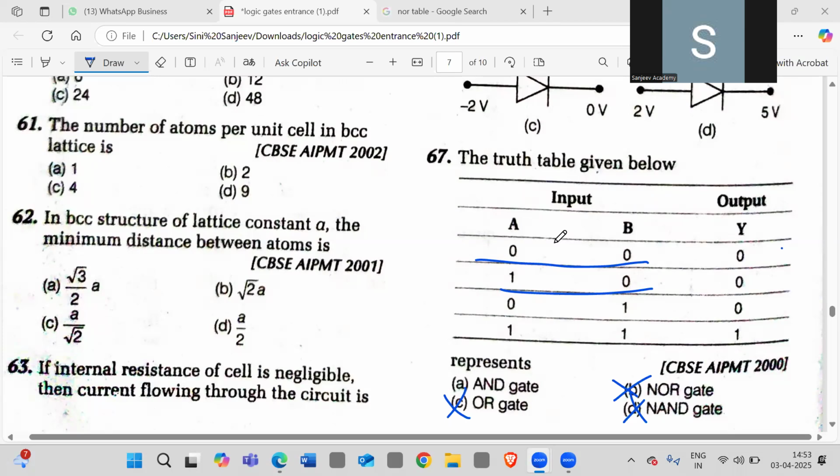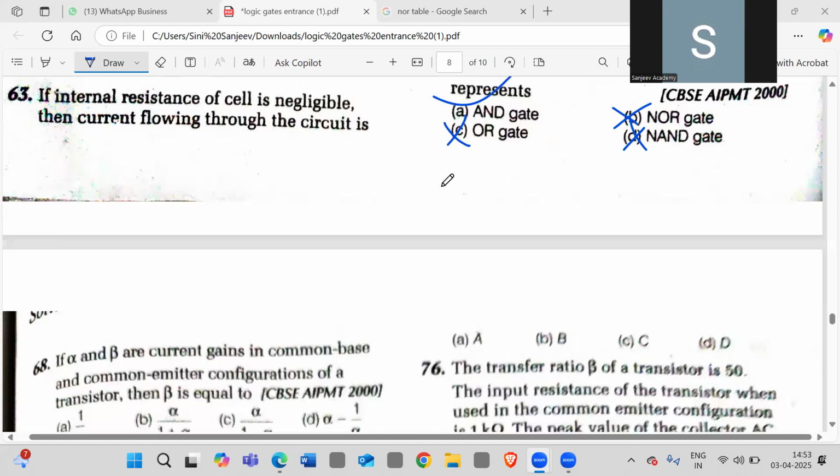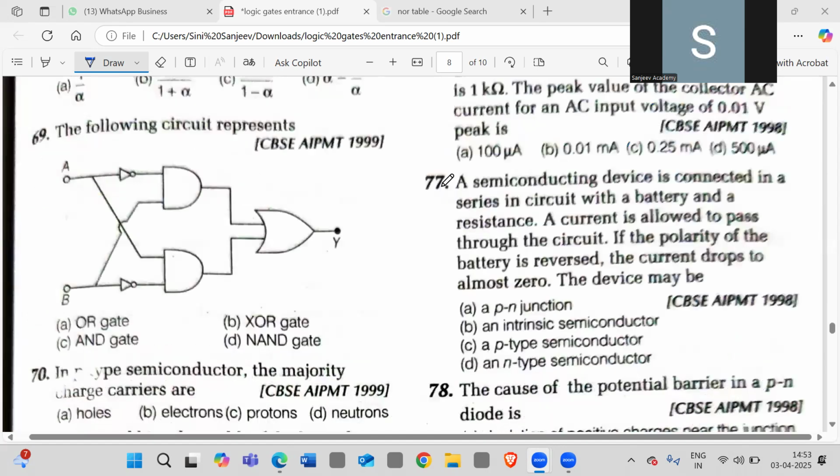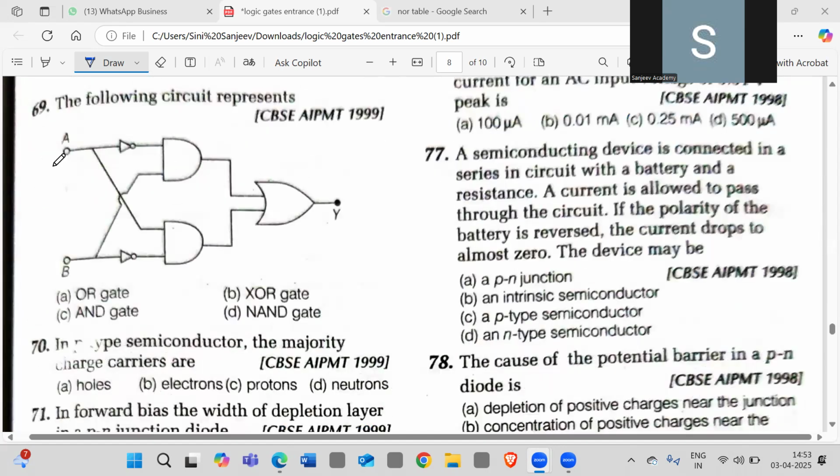Correct. But if it is 1 plus 0, what should be the value? So it's not the NOR gate also. Pranav, is it clear? Yeah. AND gate is the correct answer. Okay. 69th question.